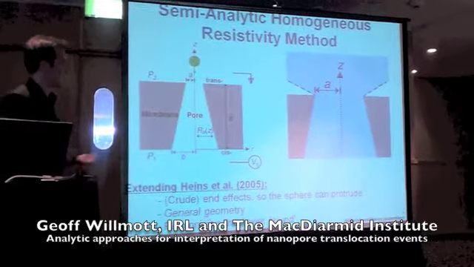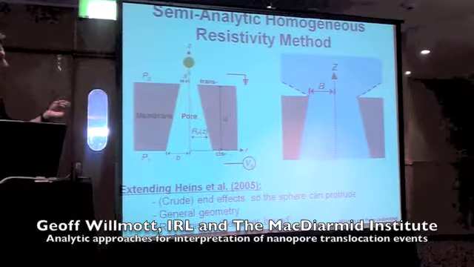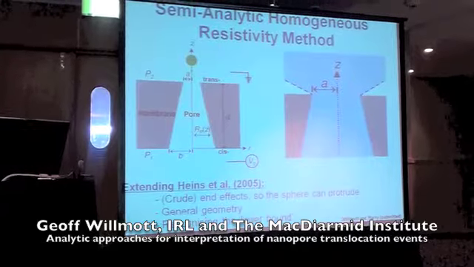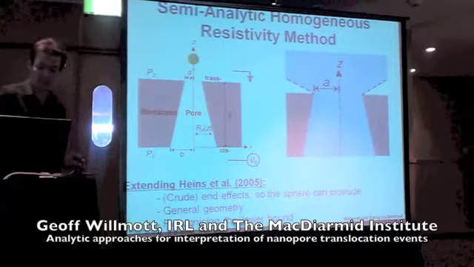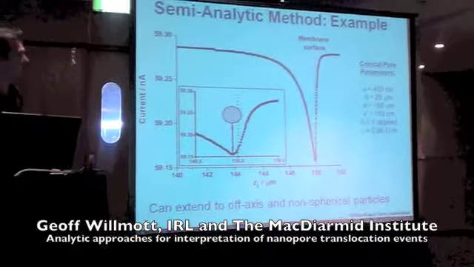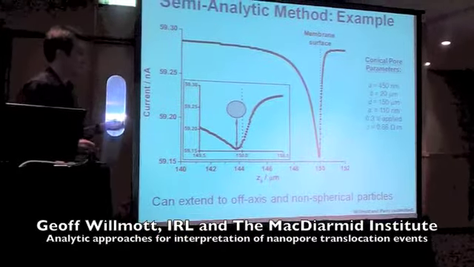And recognising that if you use this homogeneous resistivity method, it actually puts a lower bound on the resistance change when the particle goes into the pore. So this is a semi-analytic method which gives you this kind of result.